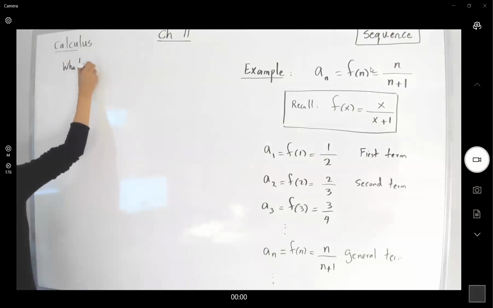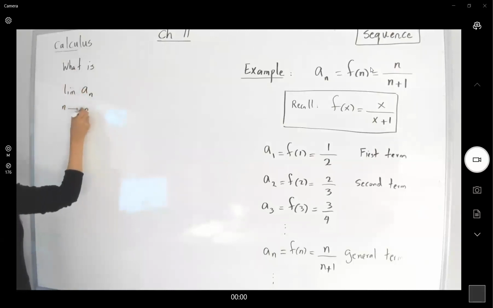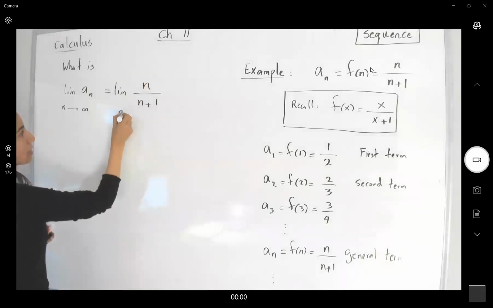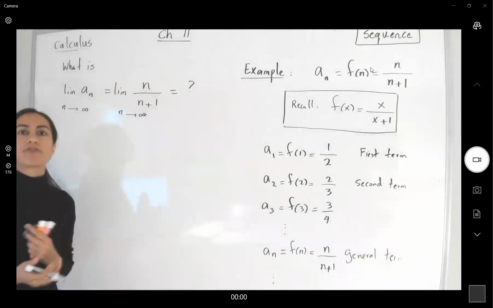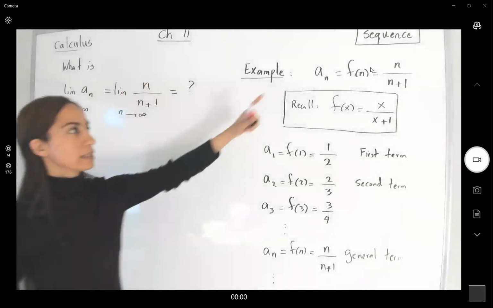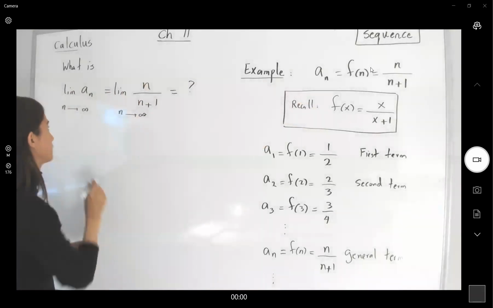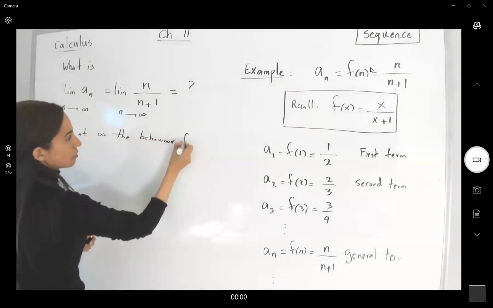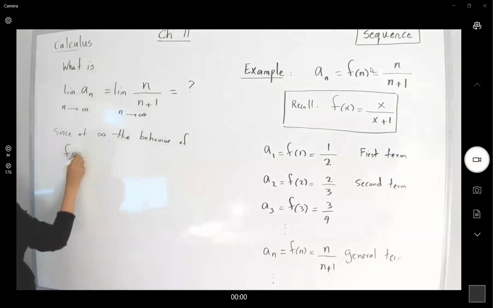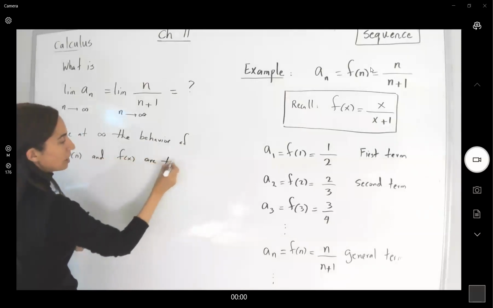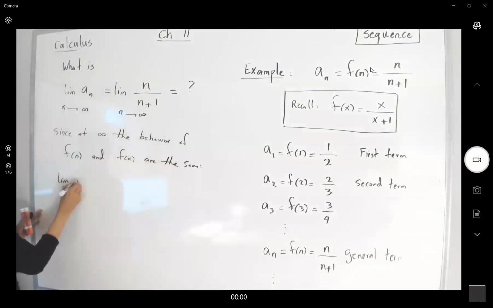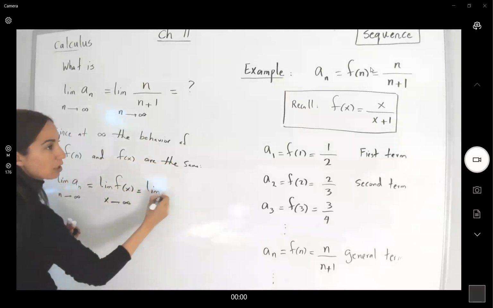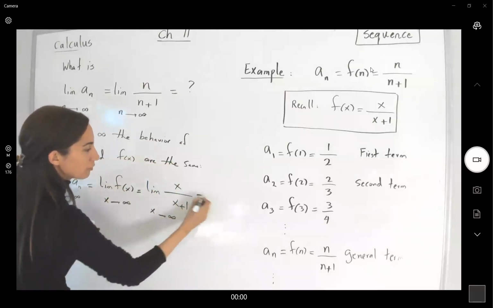What is the limit of a sub n as n approaches infinity? Or what is the limit of n divided by n plus 1 as n approaches infinity? How do I find this limit? At infinity, the behavior of the sequence and f of x are the same. So since at infinity the behavior of f of n and f of x are the same, the limit of a sub n at infinity is the same as the limit of f of x as x approaches infinity, which is the limit of x divided by x plus 1 as x approaches infinity, which is equal to 1.